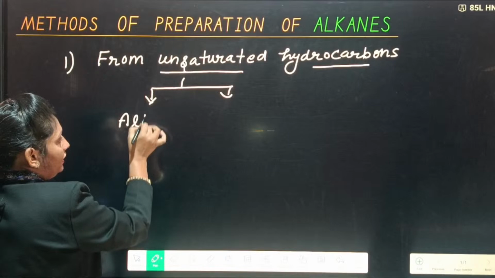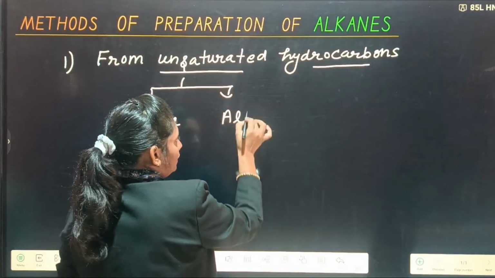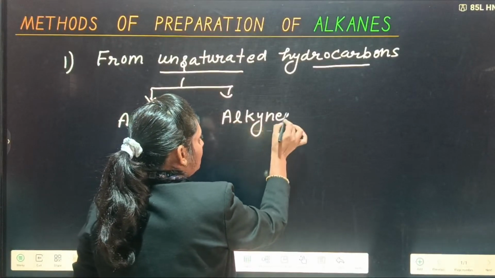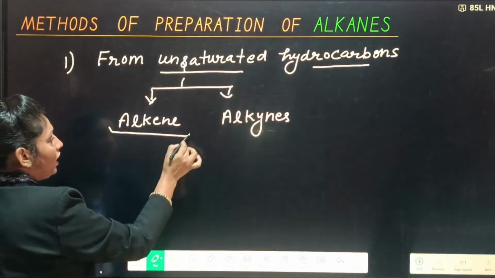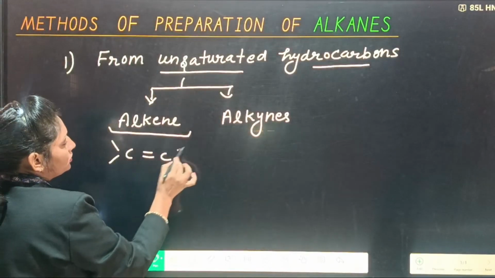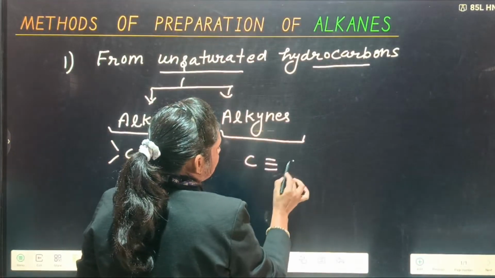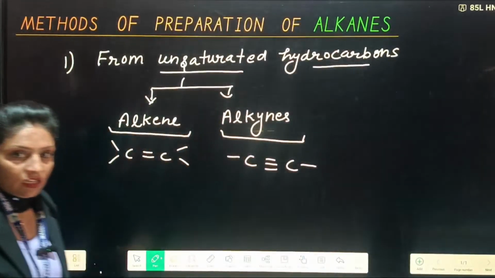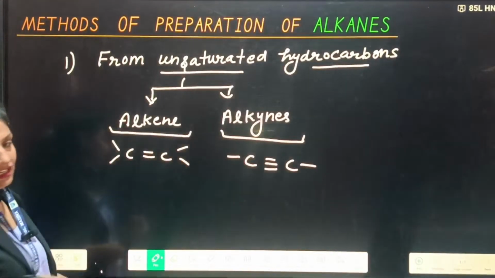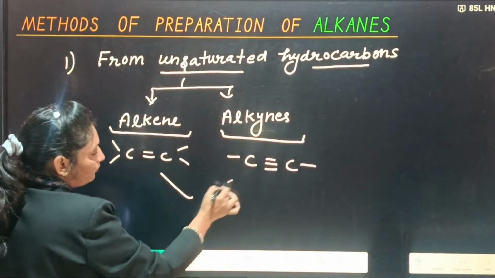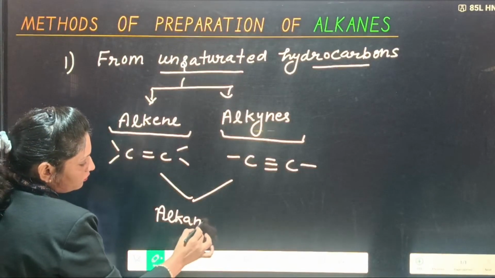Either alkene or alkyne. These are known as the unsaturated hydrocarbons. Alkene means a carbon to carbon double bond, and alkyne means a carbon to carbon triple bond. Here we have alkenes and alkynes, and we want to form alkanes from them.